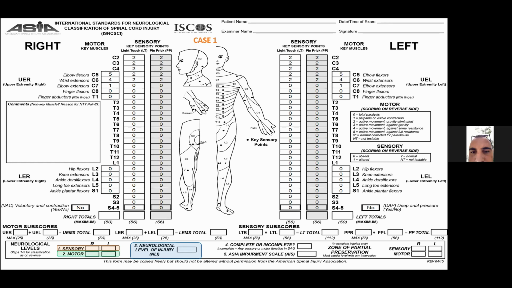Oh, I'm sorry, C6, excuse me. Yeah, so your neurological level is assigned as the last normal motor and sensory function. And normal motor function is at least a 3 with the more rostral myotome being a 5. Okay, so you decided on what? C6. That's my final answer.